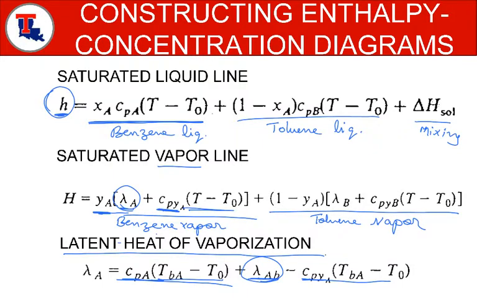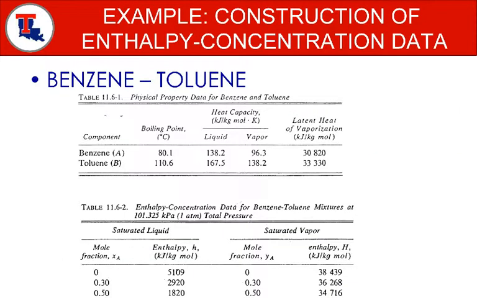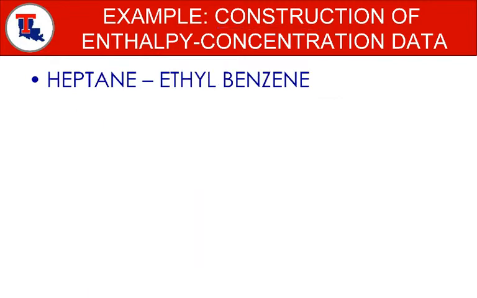Okay, look at this data set. I'm probably explaining the construction of enthalpy concentration data. You go look for these data sets. Okay, when you're constructing these, that's what you go look for. And these are the values calculated, and hence you can build your own data set.